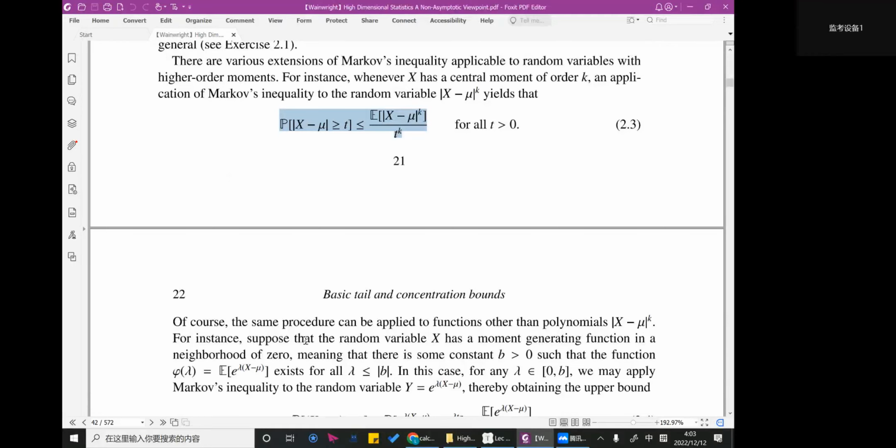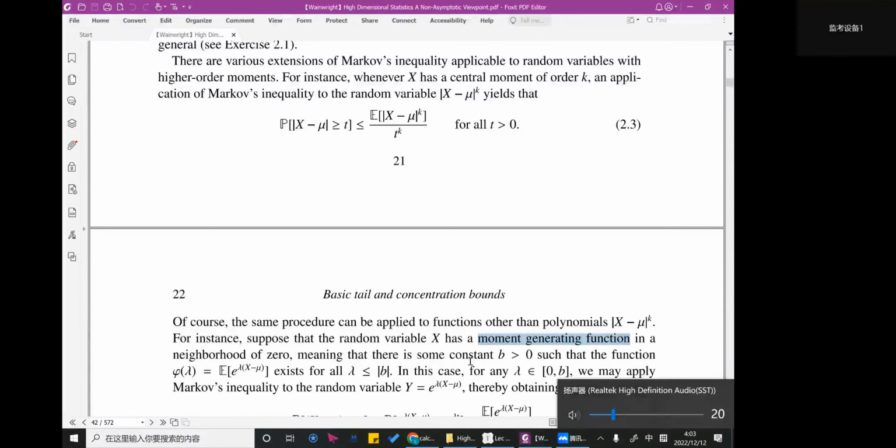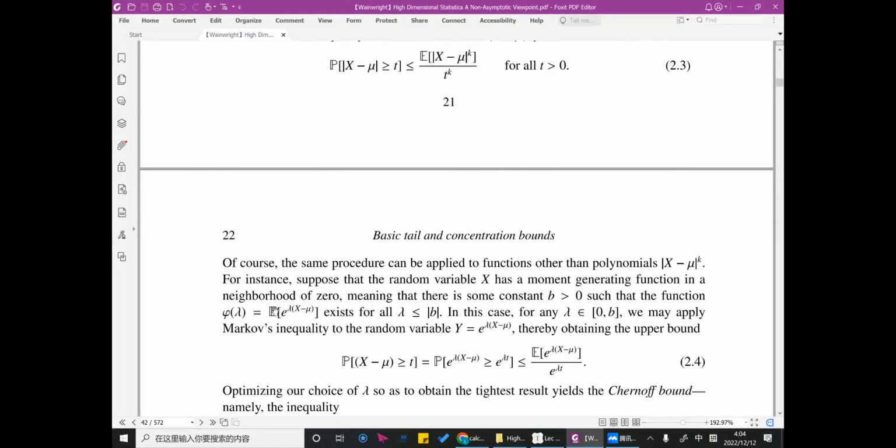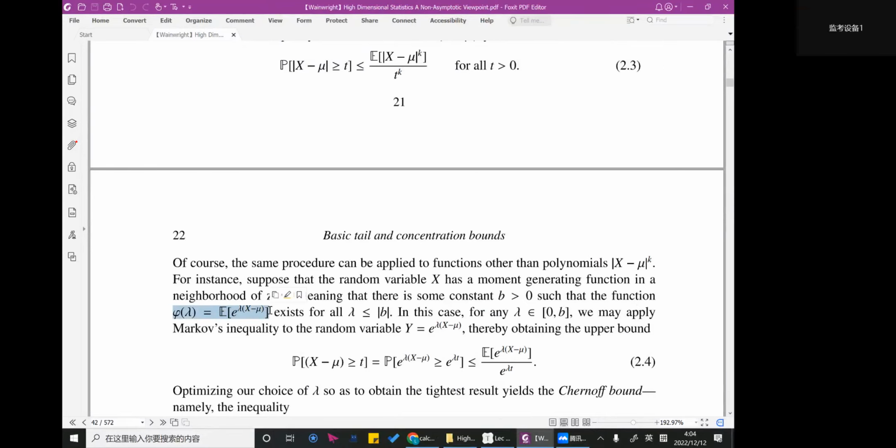Here, the author says that if the random variable has a moment generating function in a neighborhood of 0, which means in this neighborhood the random variable x has moments of infinite order, then this function phi of lambda exists.